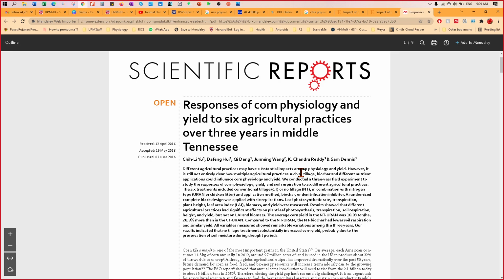Because this is a very interesting skill to have. You read a scientific paper, you understand it, and then you are able to tell the findings so that the poor farmers can benefit from them. How do you do it?